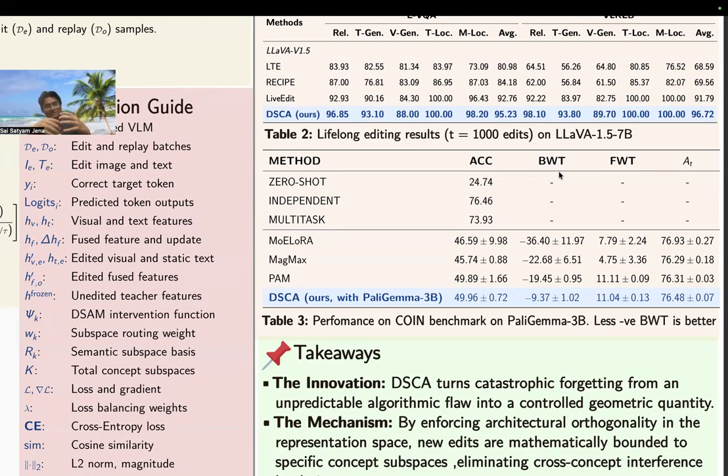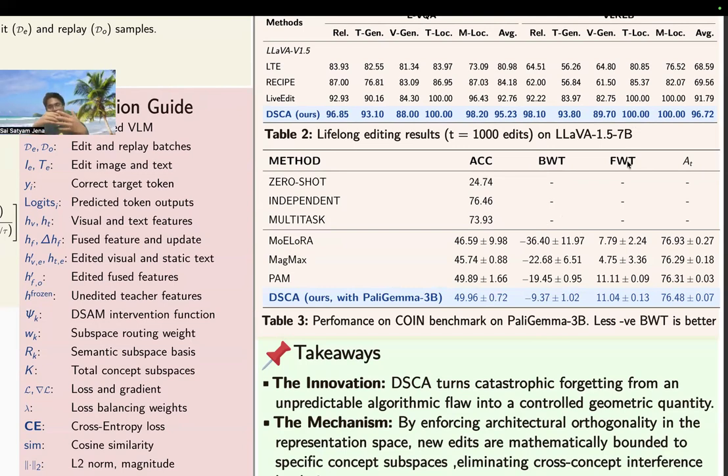The more negative it is, the more knowledge bleed-out is happening. As you can see, Google's PaLM had minus 19.45, and we cut it by almost half, reducing it to minus 9. So this number shows our fine-tuning technique prevents the model from leaking out its past knowledge.